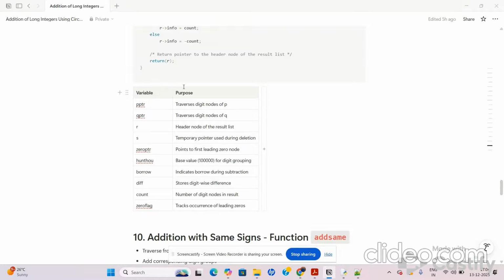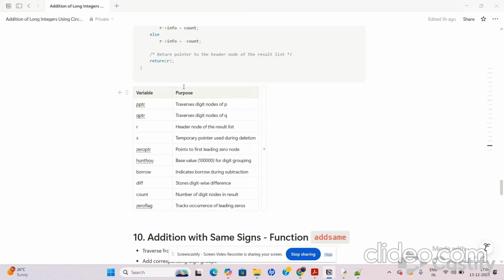Okay, so this function is all about the addition of numbers when you have different signs, that means one positive and one negative.